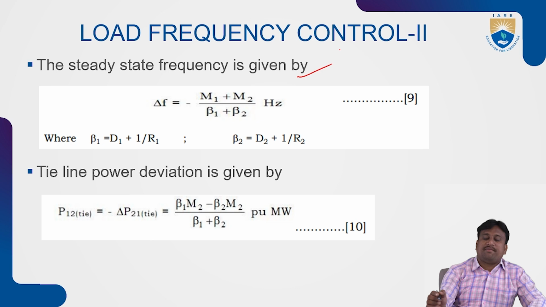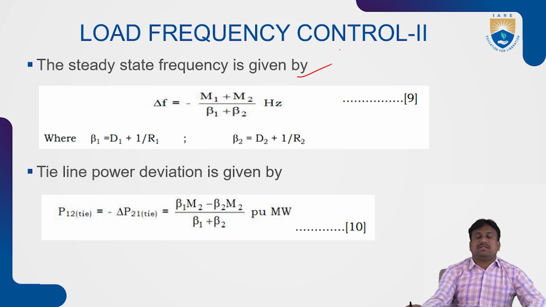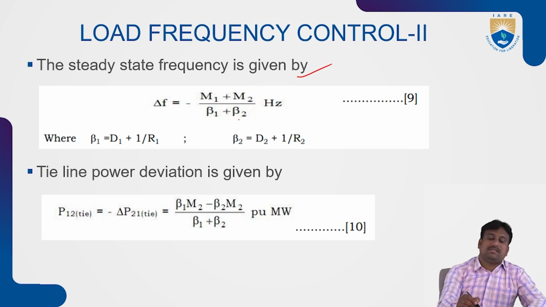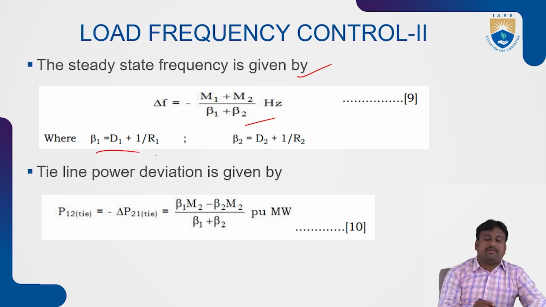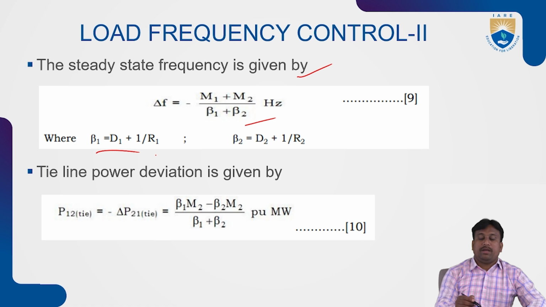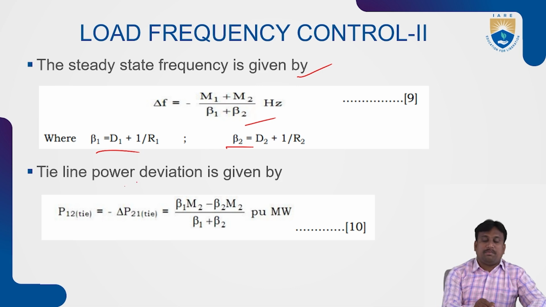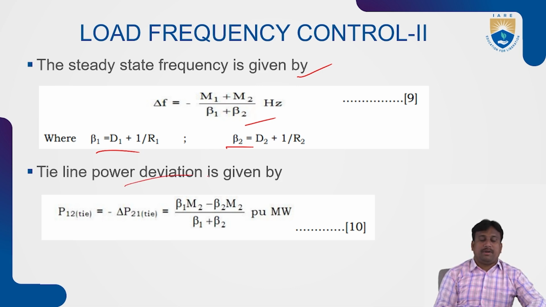The steady state frequency deviation is usually represented as delta F equals minus (M1 plus M2) by (beta1 plus beta2) in hertz, where beta1 is D1 plus 1 by R1 and beta2 is D2 plus 1 by R2. So these are the two beta coefficients. The line power deviations may also be obtained: the delta P12 tie line is (beta2 M1 minus beta1 M2) by (beta1 plus beta2), and similarly for delta P21.